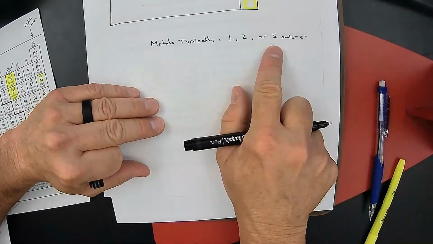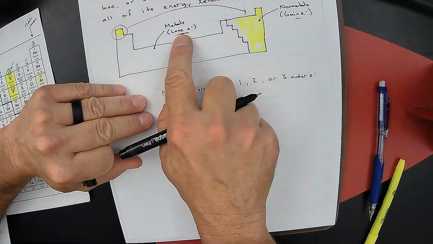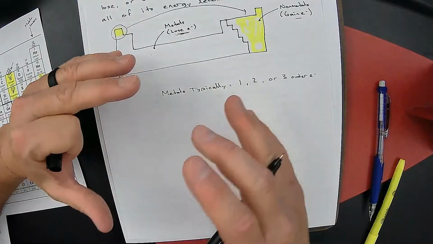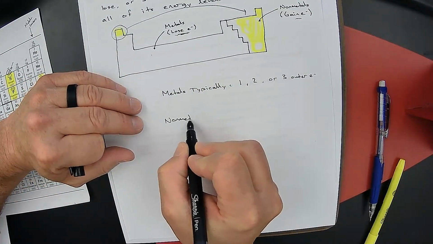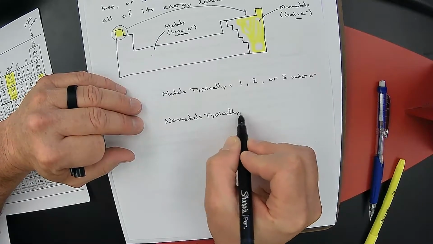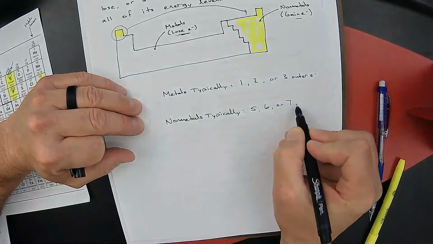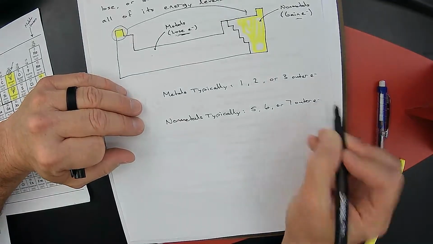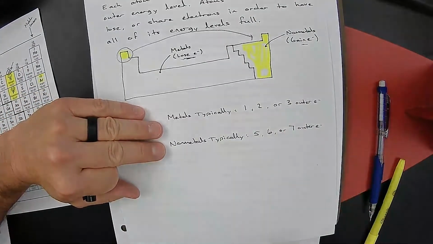Because metals typically have 1, 2, or 3 outer electrons, they're going to be losing electrons in order to have a full outer energy level. Whereas non-metals typically have 5, 6, or 7 outer electrons. So they're typically going to be gaining electrons.